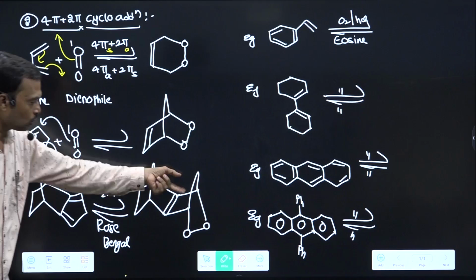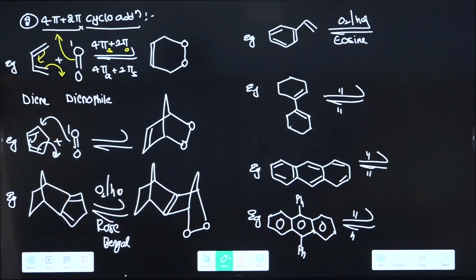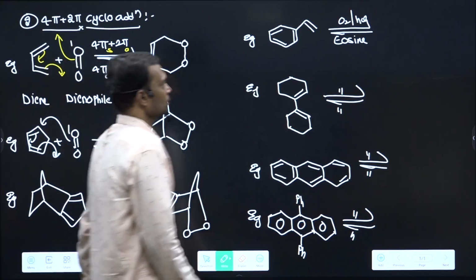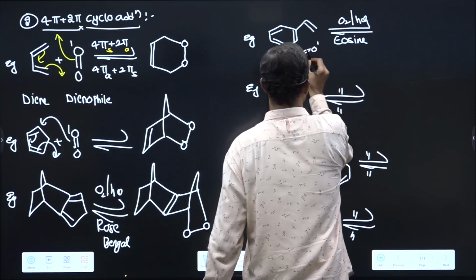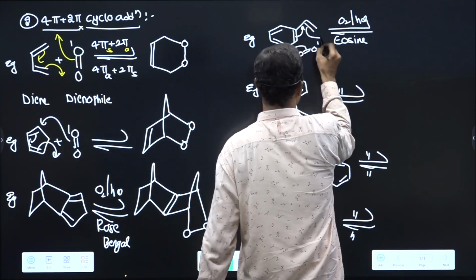One more, you write down this crown in the downward direction. Now here you write oxygen here like this. So this will combine and you will get this answer.